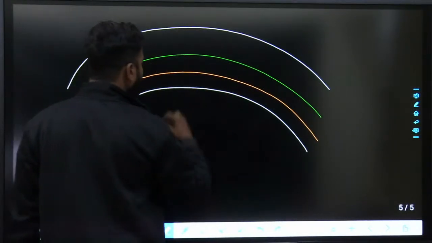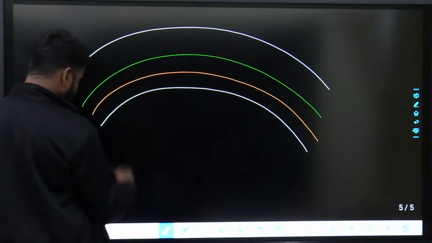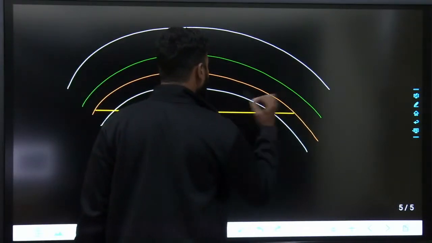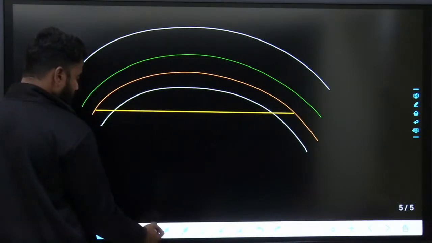This is the center line of the road. Generally we keep vehicles on the center line of the inner lane, right?